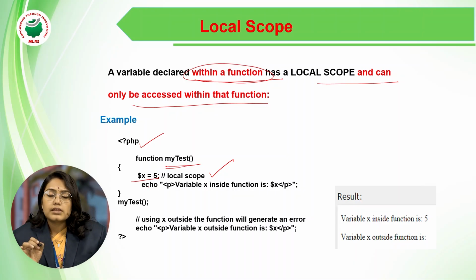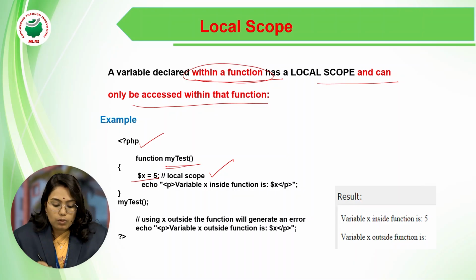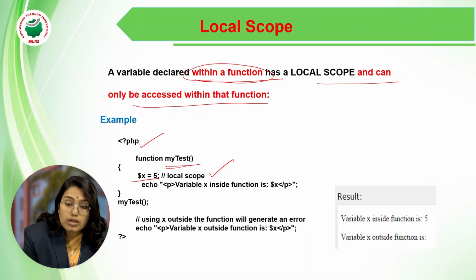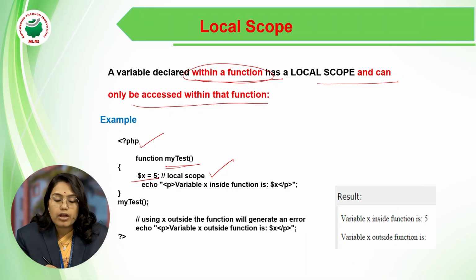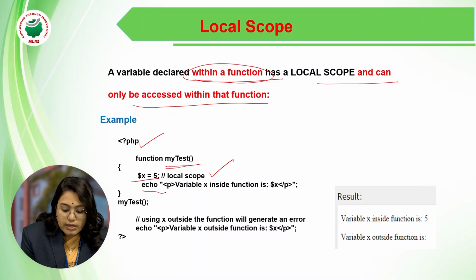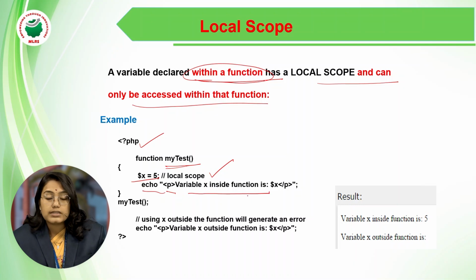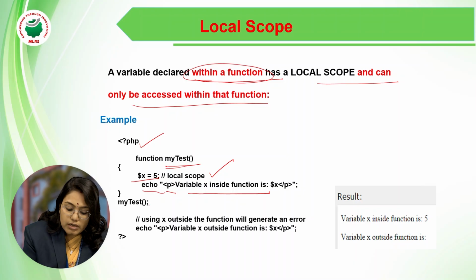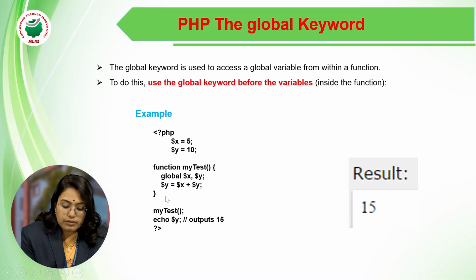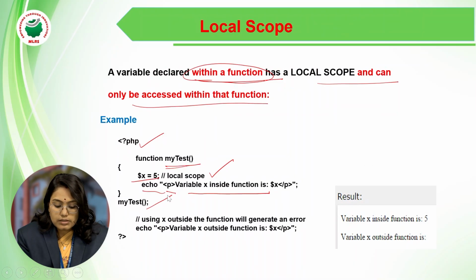Here $x = 5 is local scope, because it is declared within the function. Next, we echo "Variable x inside function is: $x". We want to print the value of that variable. After that, we are closing the myTest function.